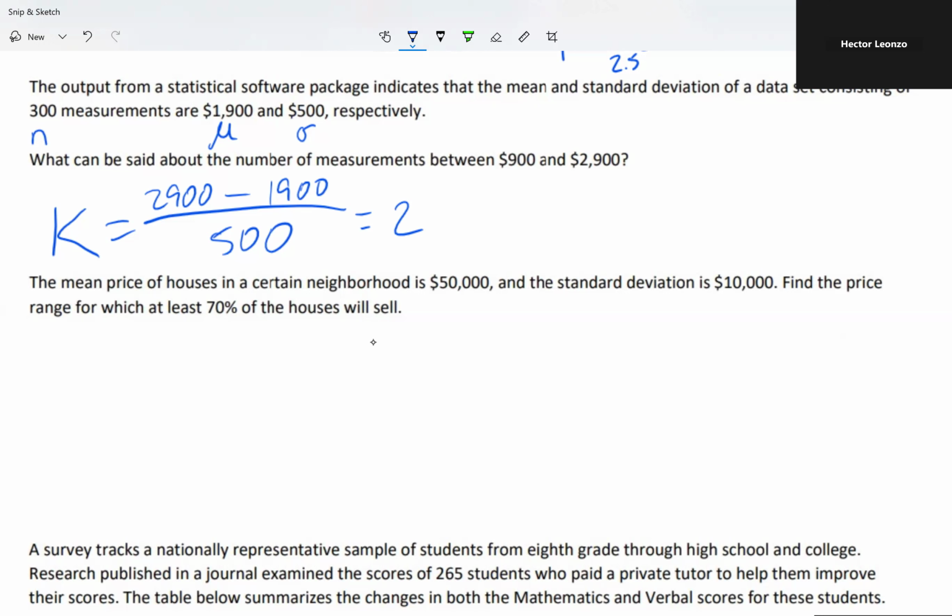Now that I know my K value, I'm ready to use my Chebyshev formula, which is 1 minus 1 over K squared. Since K is equal to 2, instead of K, let me write 2: 1 minus 1 over 2 squared.